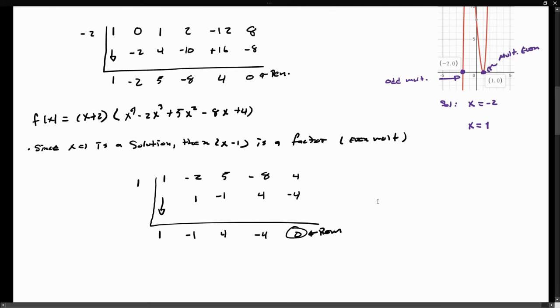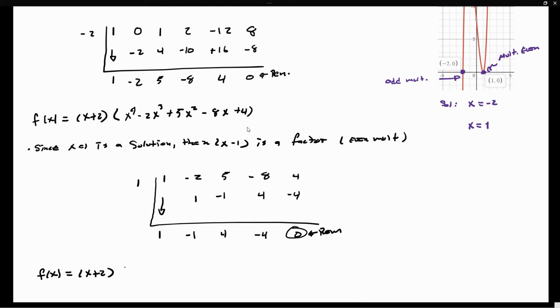So now what we know so far is that f of x, we break it down. We already know that it's x plus 2. But now I know that this expression right here is equivalent to factoring out x minus 1. So let's factor it out, and now multiply times the result that we got from our synthetic division.